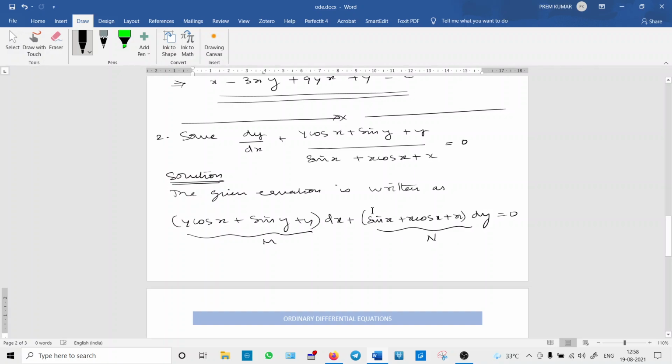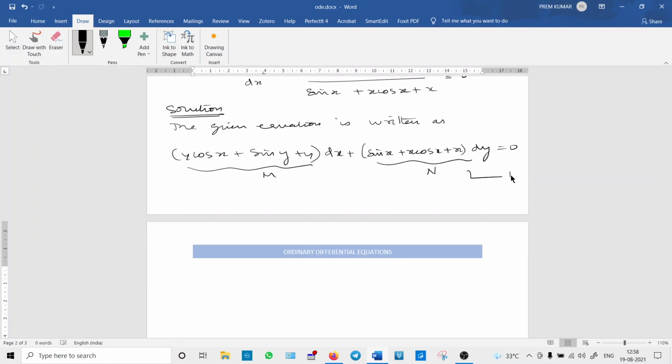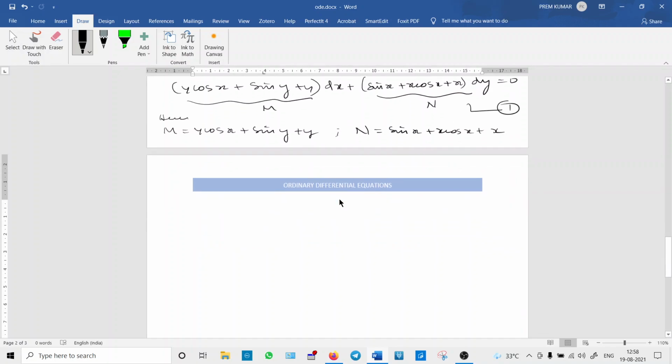Now we have to check the exactness of this given differential equation. Here M equals y cos x plus sin y plus y, and N equals sin x plus x cos y plus x. Now immediately find dou M by dou y. Dou M by dou y is cos x plus cos y plus 1.